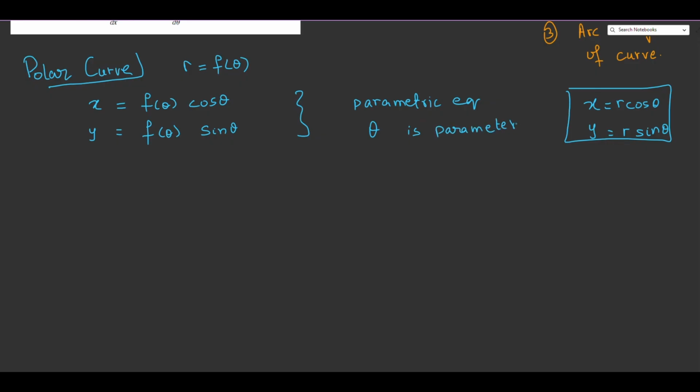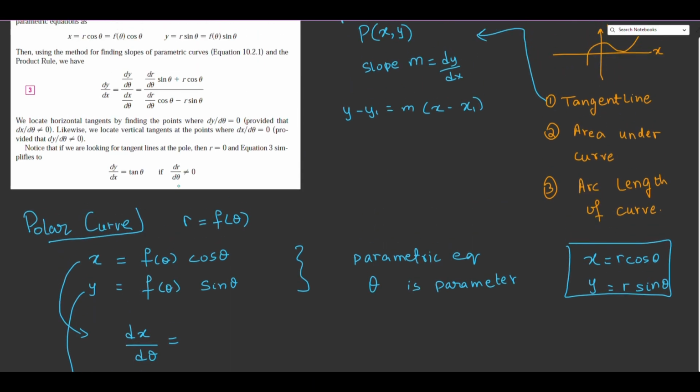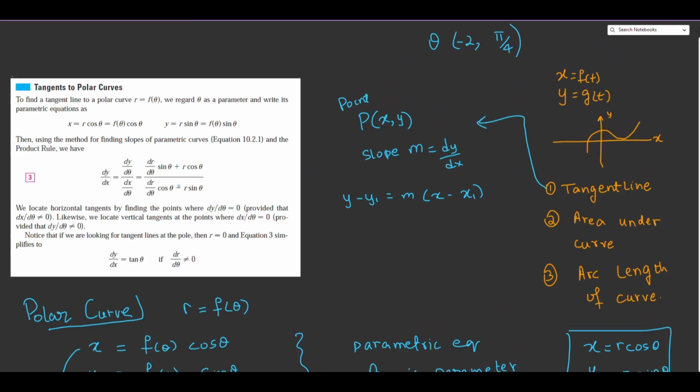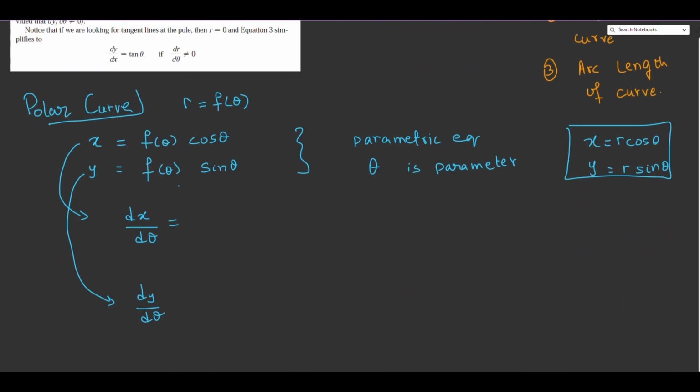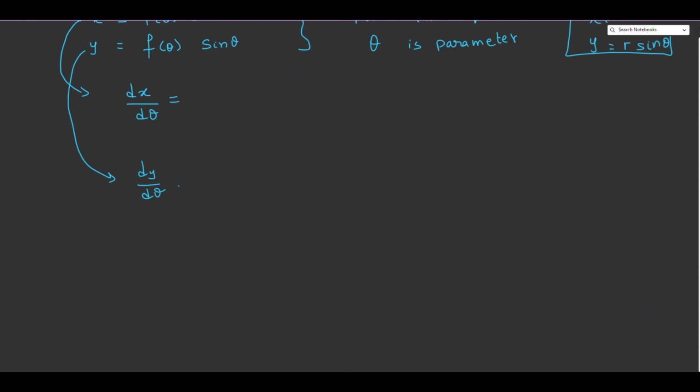And what we have to do, from the first equation we need to find dx by d theta, and from the second equation we are going to find dy by d theta. And remember, this is a product, so we have to apply the product rule in order to find dx by d theta and dy by d theta.